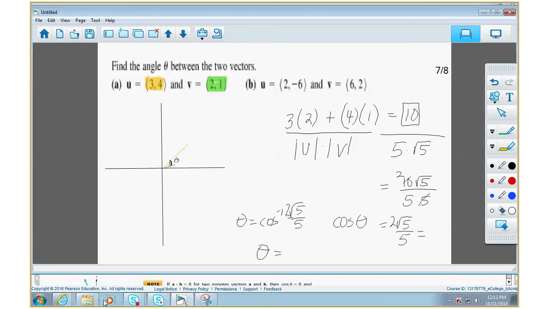I'm sorry, what? 26. 26 even? 26.56. 26.6 degrees. Now you do B. Find the angle. Draw it out. And if you could do 15, 16, 20 of these problems, you'd be good.